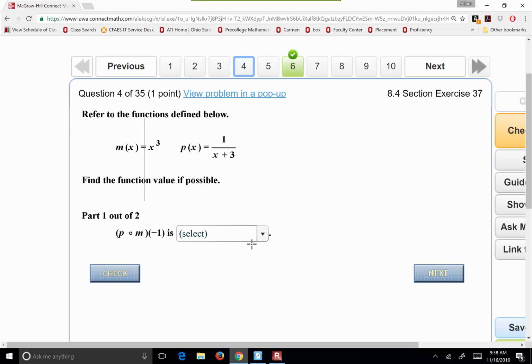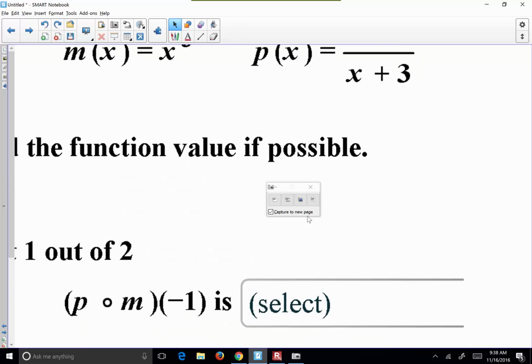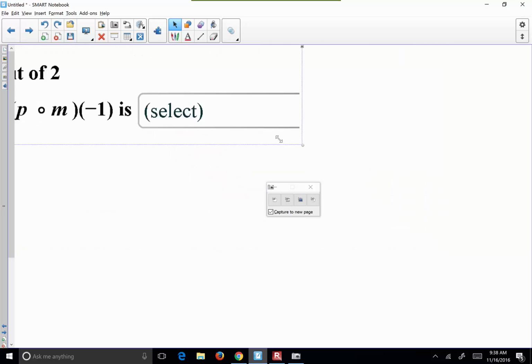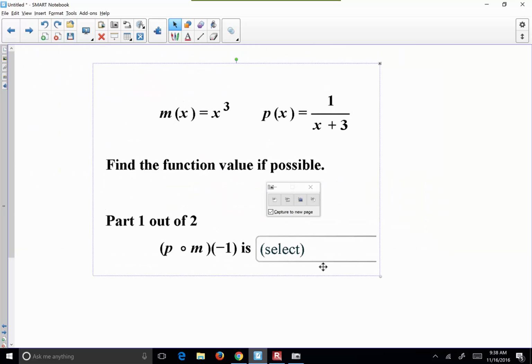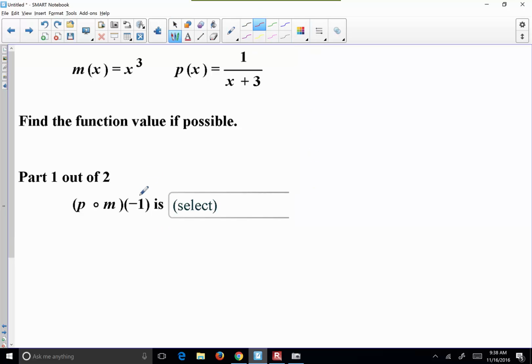We need to compose two formulas and evaluate them at -1. Alright, it's the same story we did yesterday.